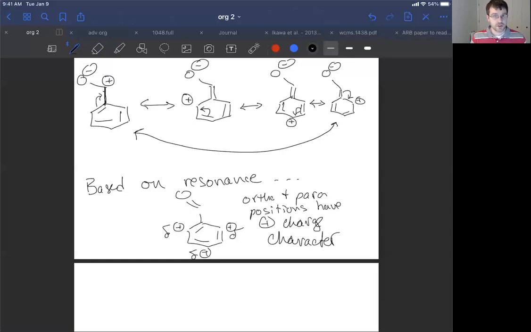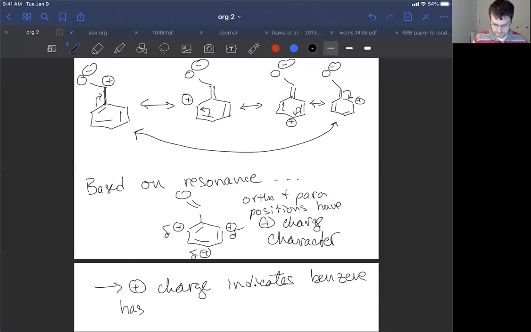Okay, so this shows a few things to us. First of all, this plus charge character indicates the benzene has less electron density than the parent benzene.